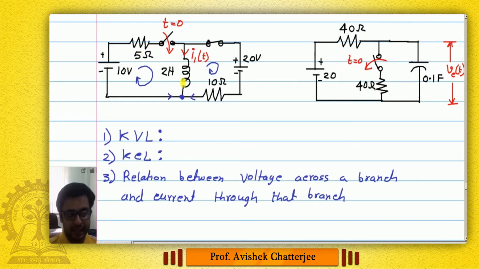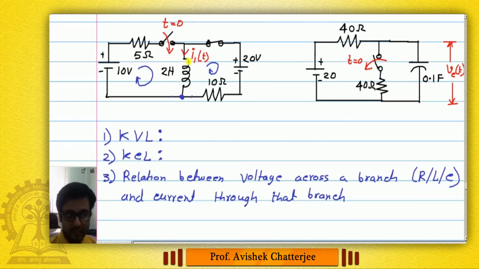Similarly, if you consider an inductor, then voltage across it is given by L di/dt. Or for a capacitor, the current is given by C dV/dt. These rules we know. So these are the relations between voltages across a branch, where branch means a resistance or inductor or a capacitor, and the current through it. Now these are all the rules that one can use to solve a circuit problem. That is enough to solve any RLC circuit.